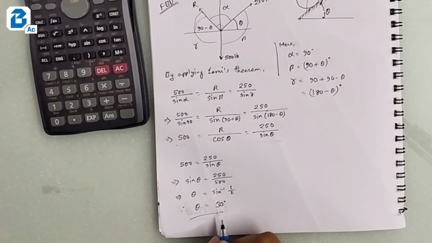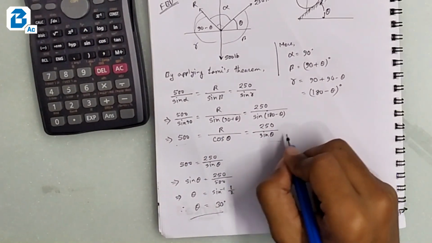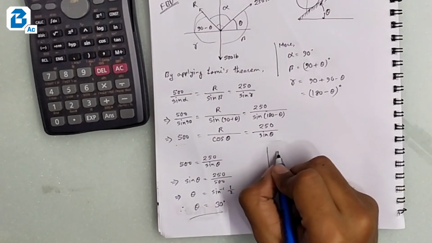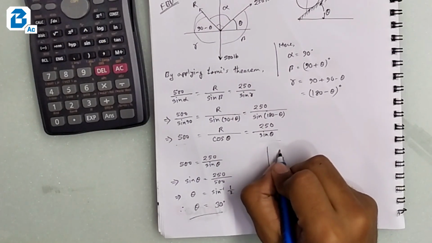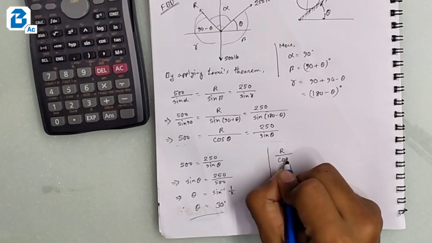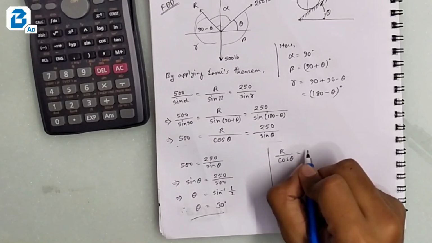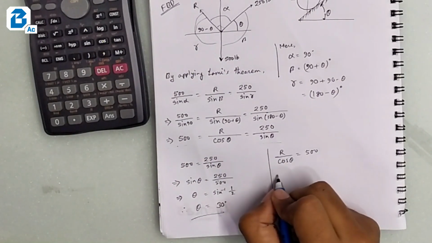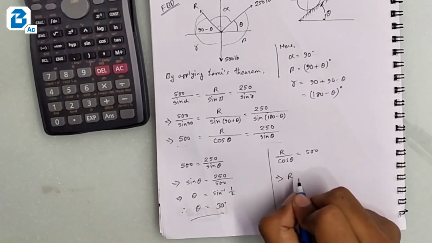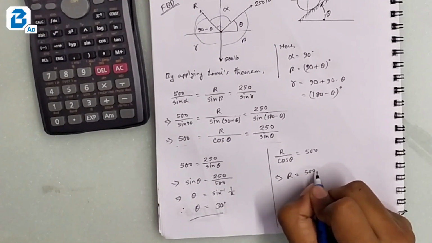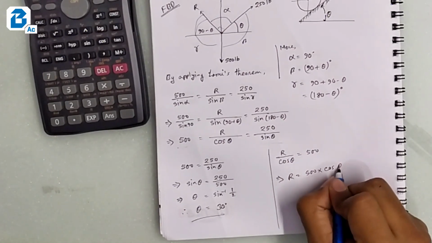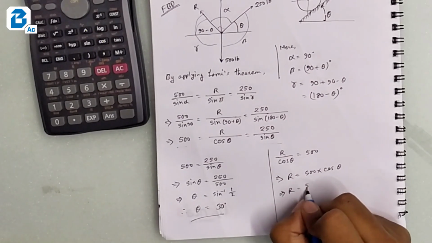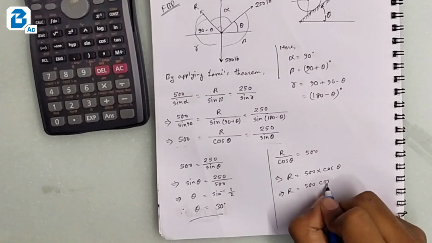So now let's find the reaction of the surface. For that, we can do it here. If we write R cos theta equals 500, we are using this portion, and if we write R equals 500 into cos theta, and let's apply the value of theta, then we get 500 cos 30.